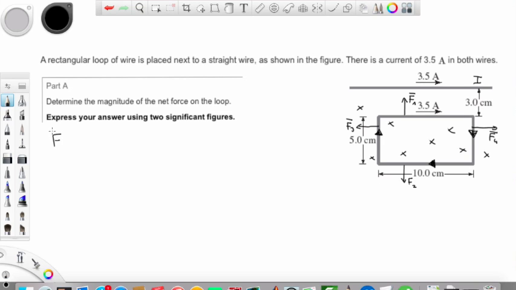As always, the general expression of a force between two different wires, or the magnitude of the force between two different conductors, is μ0 divided by 2 pi r times the current in the first conductor I1, and if we call this one I2 and this one I3, well, the current is the same in all of them, so we don't even need these sub indices here.